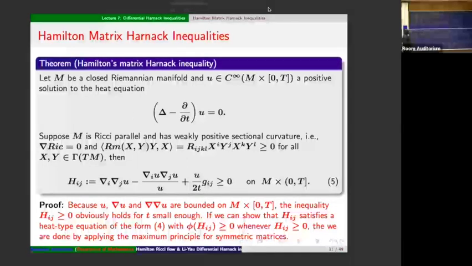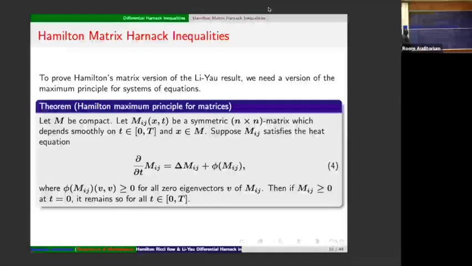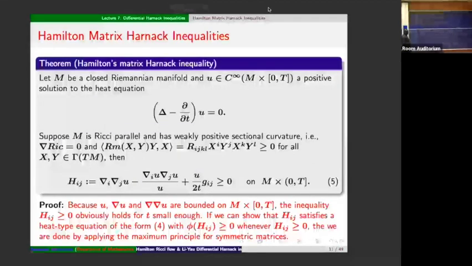So we need to move on, and the proof is long, but a way to do it is just this. Because u, the gradient of u and the Hessian of u are bounded functions, the inequality Hij obviously holds for t small enough. If we can show that Hij satisfies an equation of this form, then just like we have Mij greater or equal to 0, we can prove it with the maximum principle for symmetric matrices.